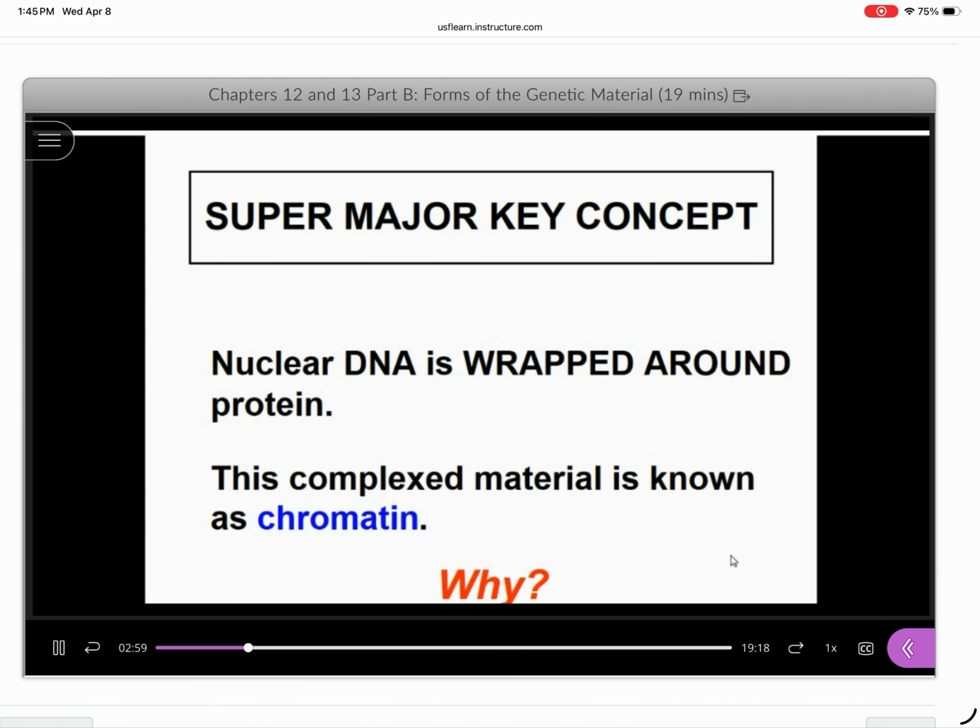Complex means different molecules held together by non-covalent bonds, by weak interactions. This complex of DNA and protein is known as chromatin.